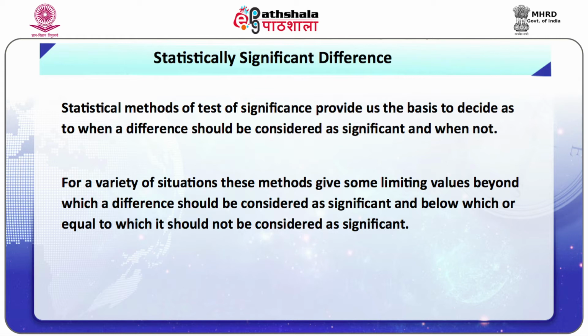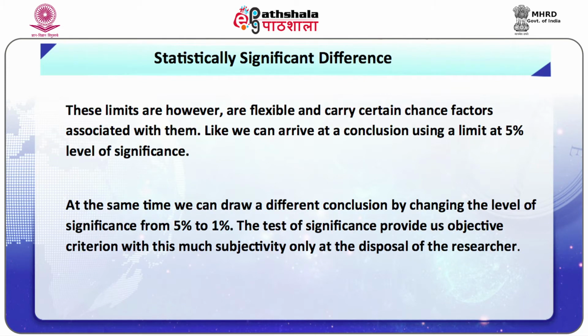For a variety of situations, these methods give some limiting values beyond which a difference should be considered significant, and below which, or equal to which, it should not be considered significant. These limits are, however, flexible and carry certain chance factors associated with them.